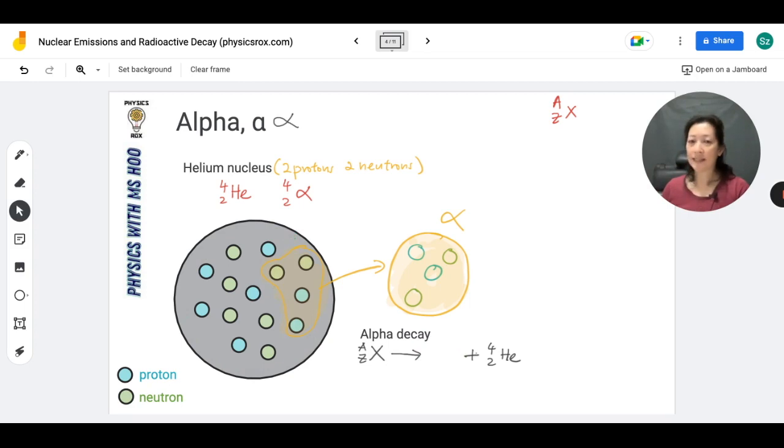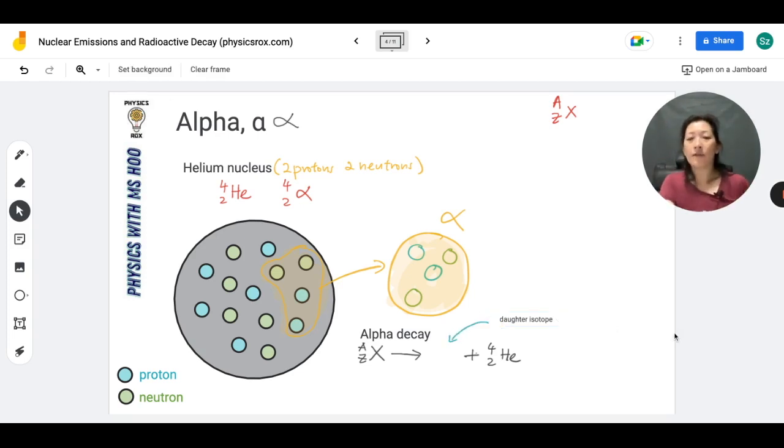This is known as the daughter isotope. I'm just going to write that here so that you are aware. So basically that's the daughter isotope. The daughter isotope is the atom that was left behind after throwing out the radioactive radiation.